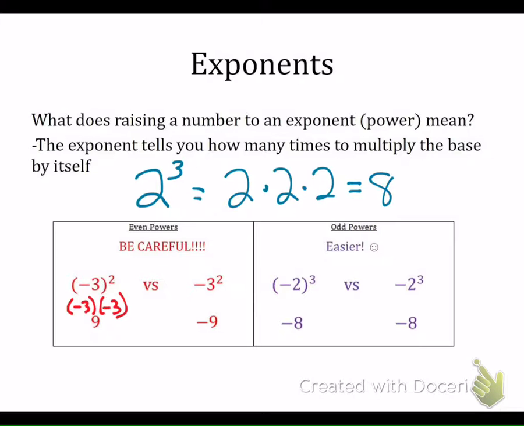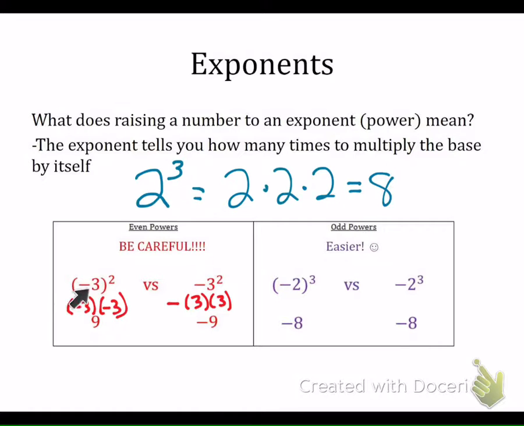A negative times a negative gives me a positive. Back here, I still have the 3 to the second power, but the negative is not going to the second power, okay? If I was going to write this one out, it's more like negative and then the 3 times the 3. So the exponent matters, even or odd, and where your parentheses are located matters, okay?